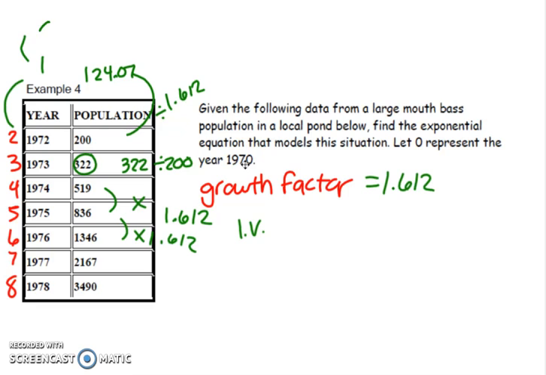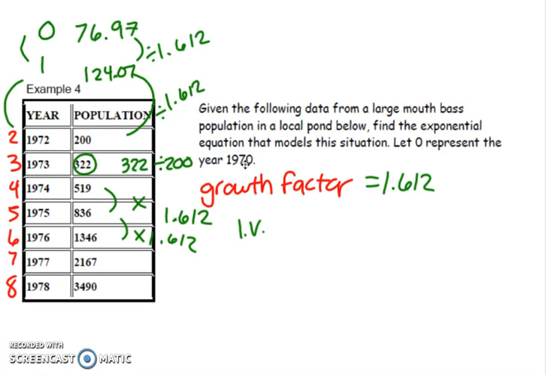So I'm going to go back again to find my starting point, and again I'm going to divide by 1.612. So 124.07 divided by 1.612 is going to be 76.97.